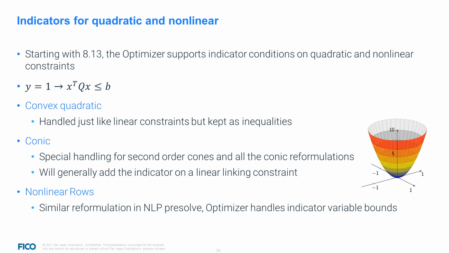And this linear linking constraint is where we hook in with our new indicator representation. And finally, we allow for general nonlinear constraints, which are reformulated in the NLP presolve, similarly to the linear case. In other words, any kind of constraint that the solver normally supports can now be turned into indicator constraints. Full stop.